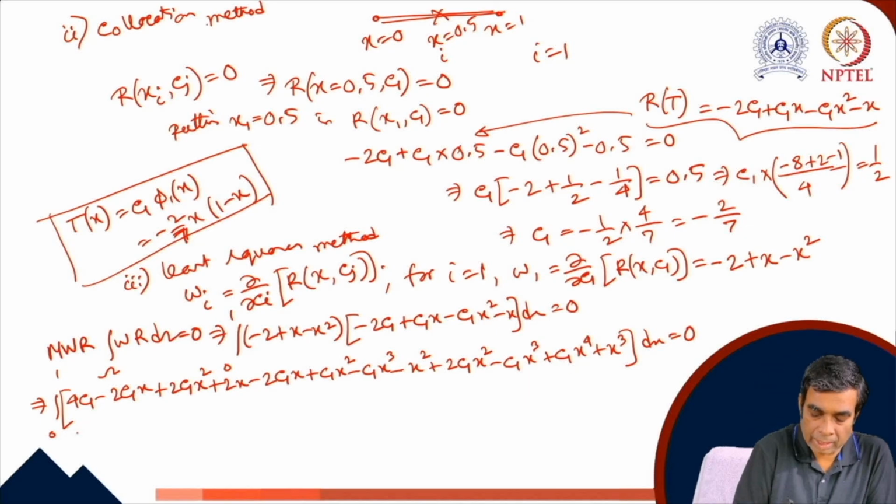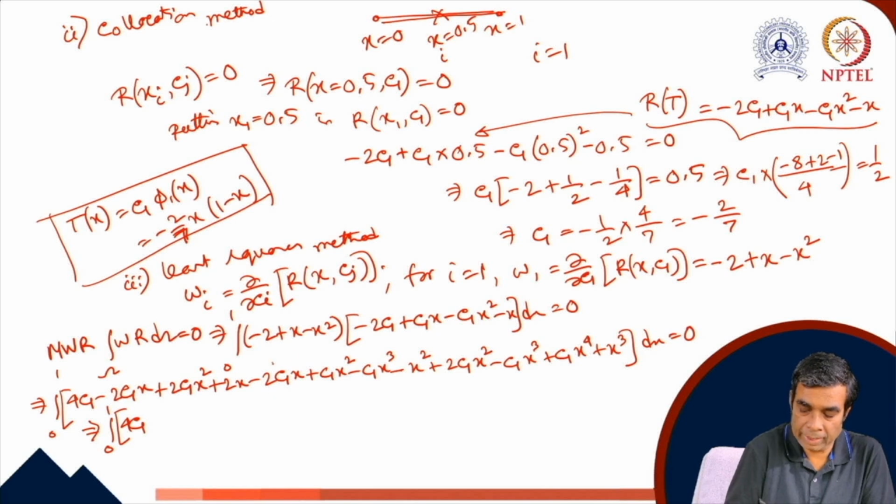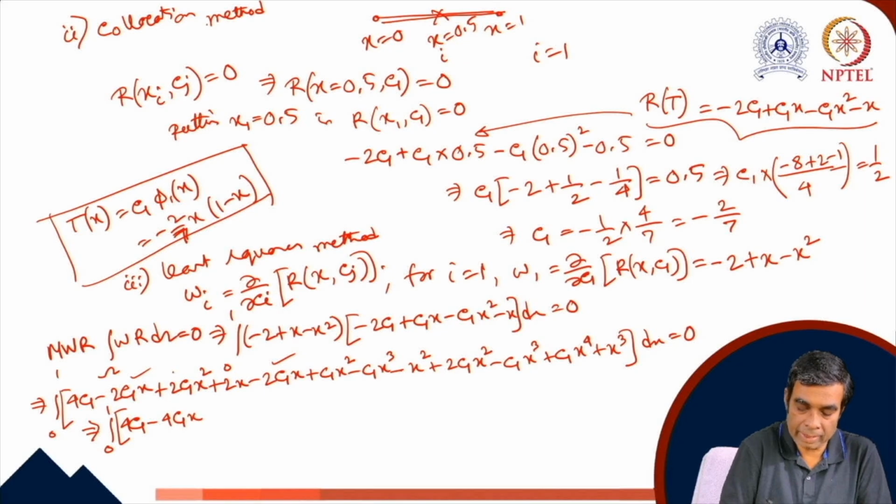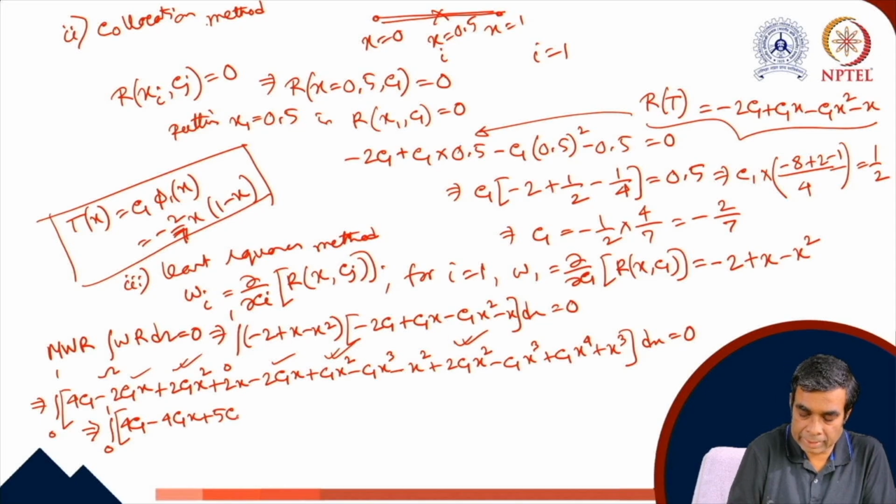So the similar terms we can take together, integration 0 to 1. It is 4c1. Now 2c1x and 2c1x are common, so we get minus 4c1x. Now c1x square, 2c1x square, c1x square, 2c1x square, so there is 5c1x square.